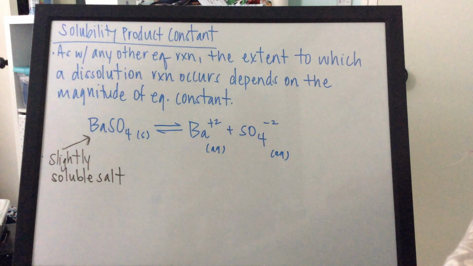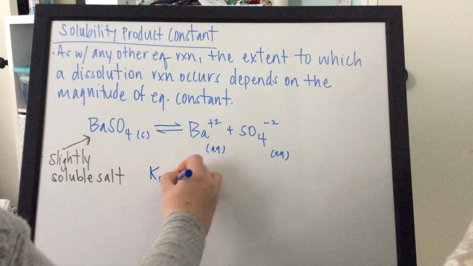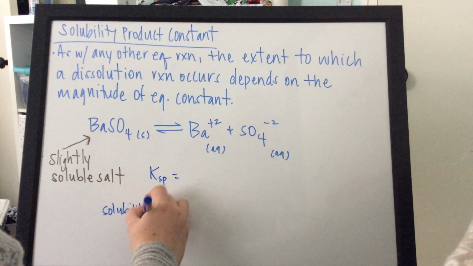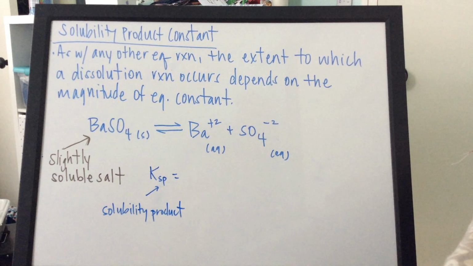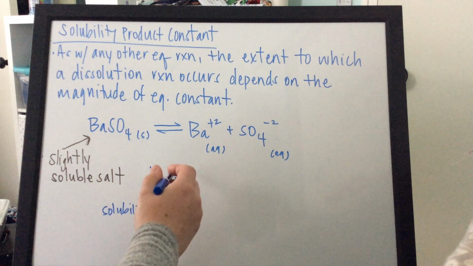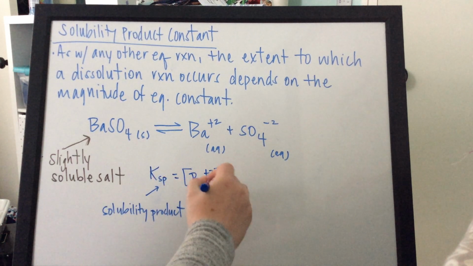So we could write a K expression, except this time I'm going to call it a Ksp, and that stands for solubility product. The nice thing about this is you write it the same way, just like you would write a Kc expression. Same rules apply, just a different subscript. So a Ksp is going to be your products raised to their stoichiometric coefficients.